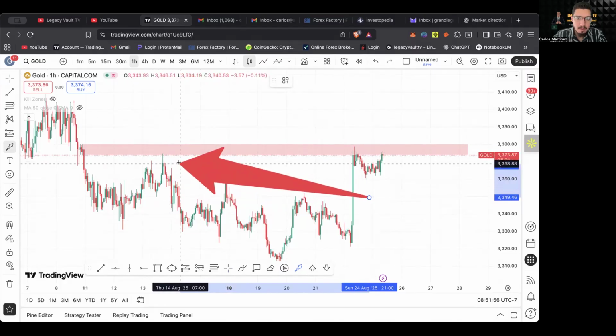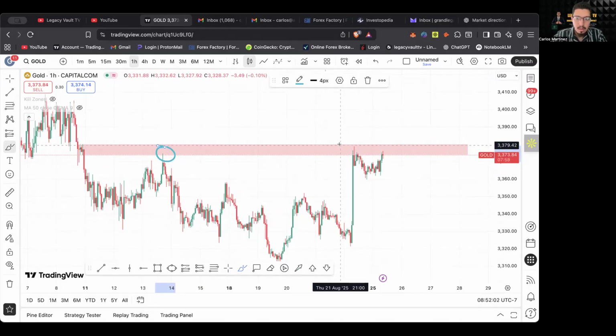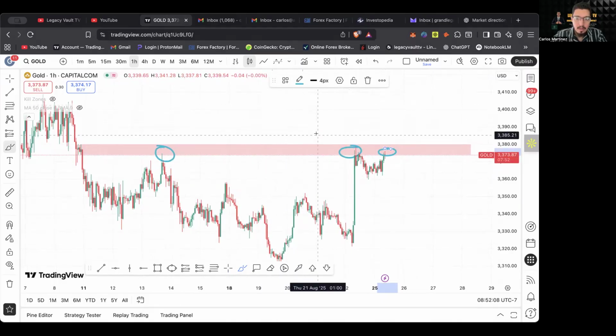Same thing that happened here. So we have touches here and here and here. So we have three different touches on the zone.